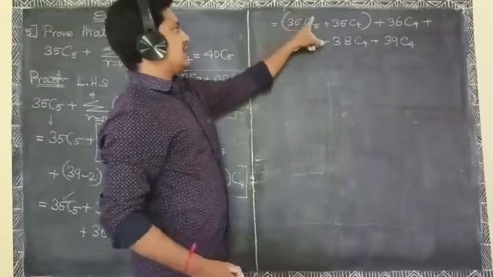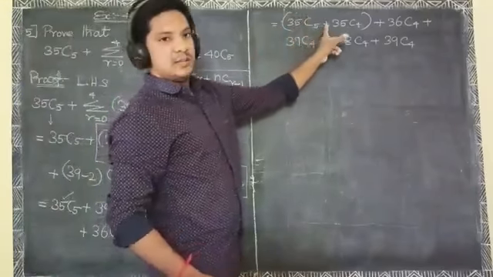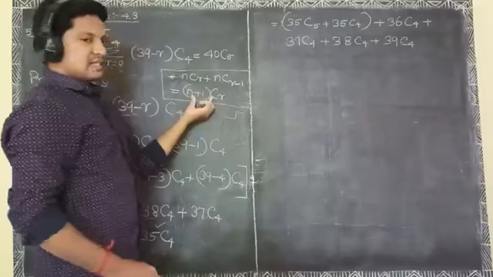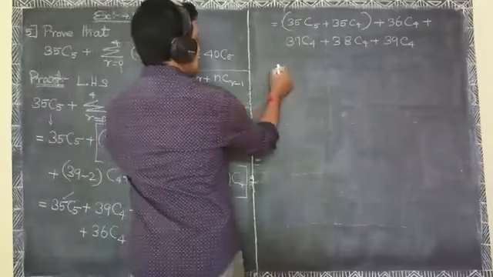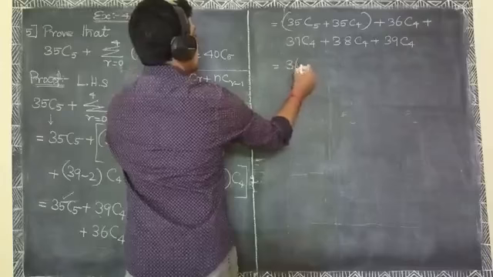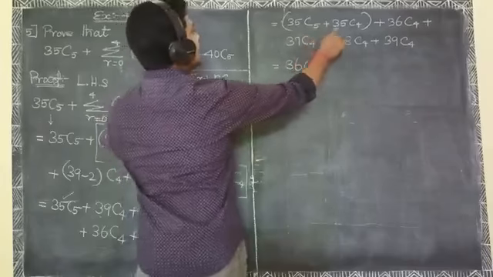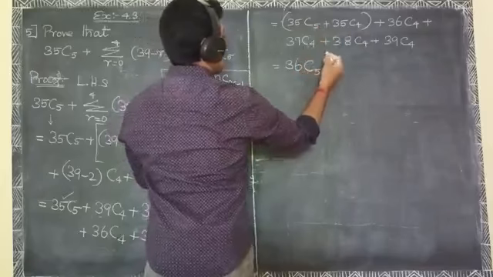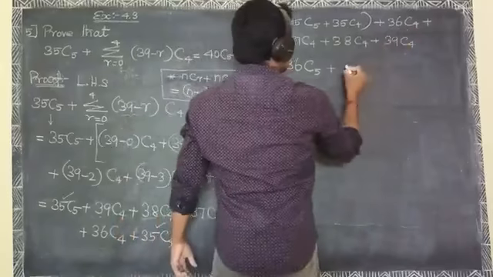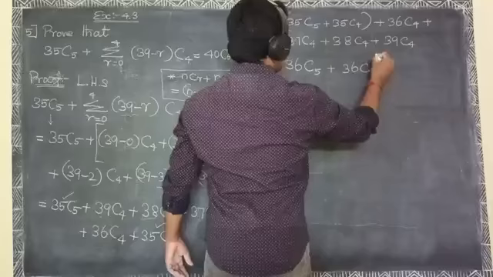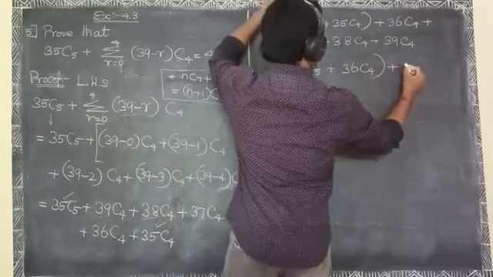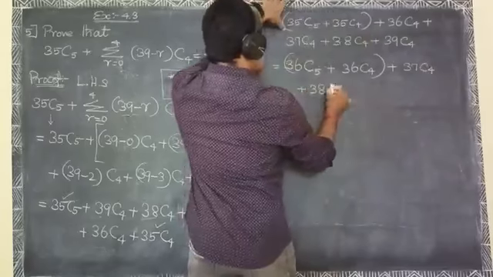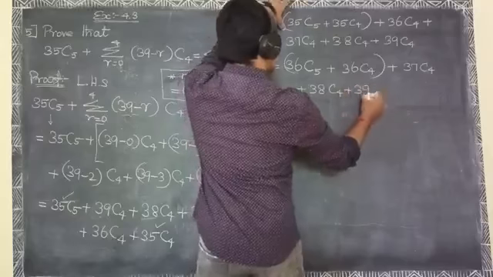Here 35C5 plus 35C4 is like nCr plus nC(r minus 1). Using this result, n plus 1 is 35 plus 1 is 36, so 36C5, where r is 5. Plus the next term 36C4, plus 37C4 plus 38C4 plus 39C4.